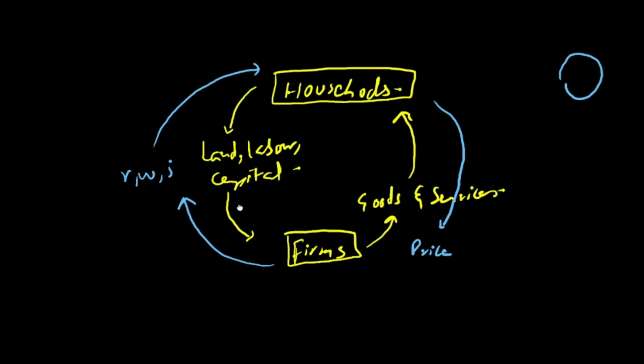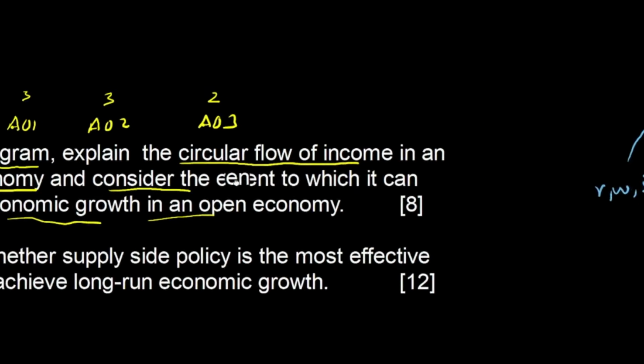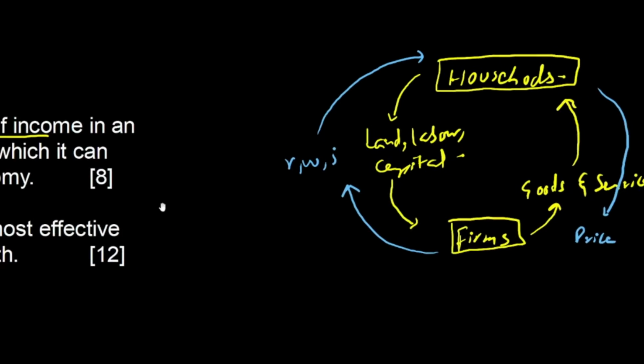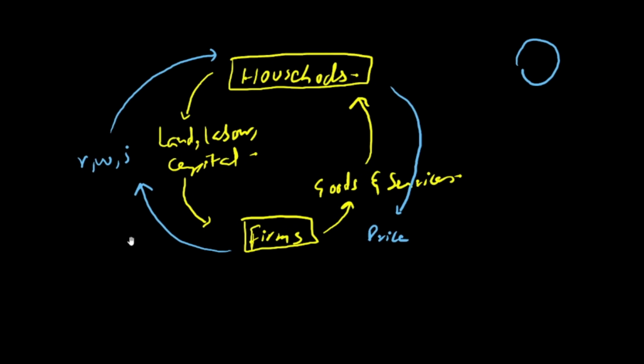So this is the diagram, and in an open economy there will be some leakages and injections as well, because an open economy is a type of economy that is involved in international trade. Including all these movements of money and factors of production, there will be some leakages and injections. What are leakages?